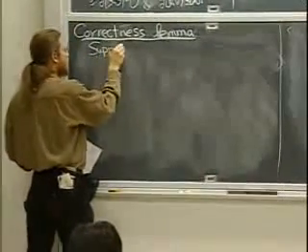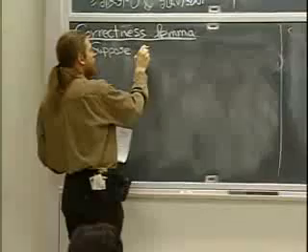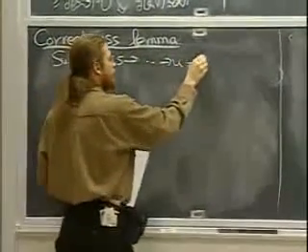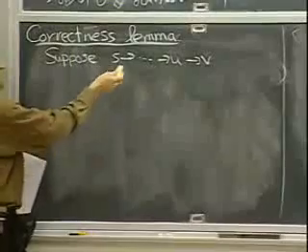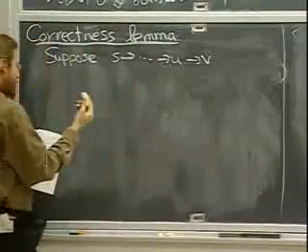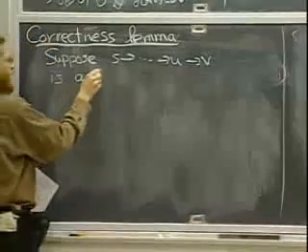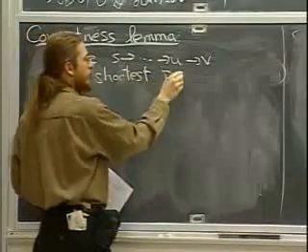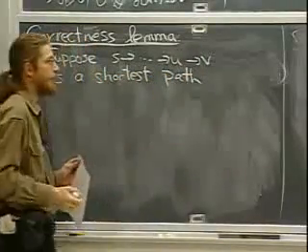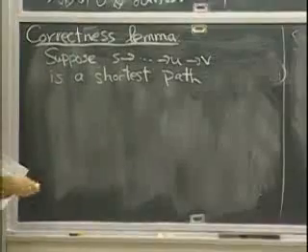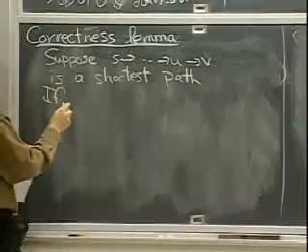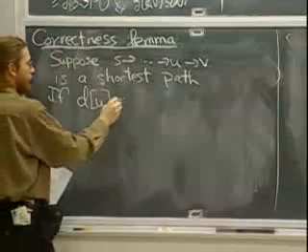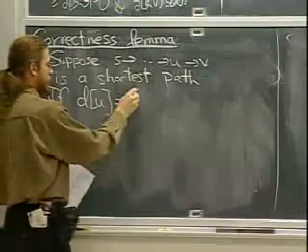Suppose you knew the shortest path from s to some vertex. You go from s to some other vertices, then you go to u, then you go to v. Suppose that is a shortest path from s to v. Also suppose that we already know in d of u the shortest path weight from s to u.